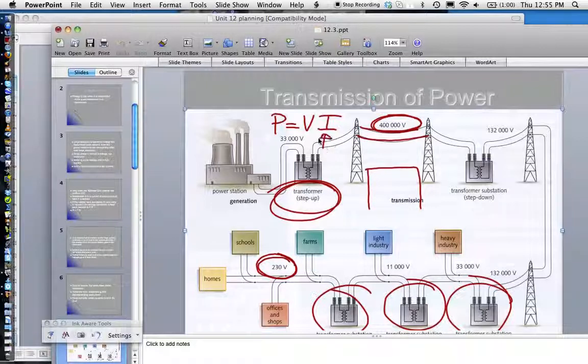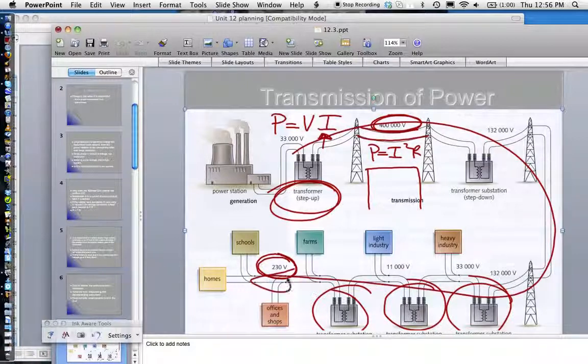The current is going to drop by a corresponding 11 times. So it's going to be a small current but very high voltage, and in that way it minimizes the amount of energy losses. The power loss, I squared R, is minimized over this distance, so that most of your energy gets through to your consumers.